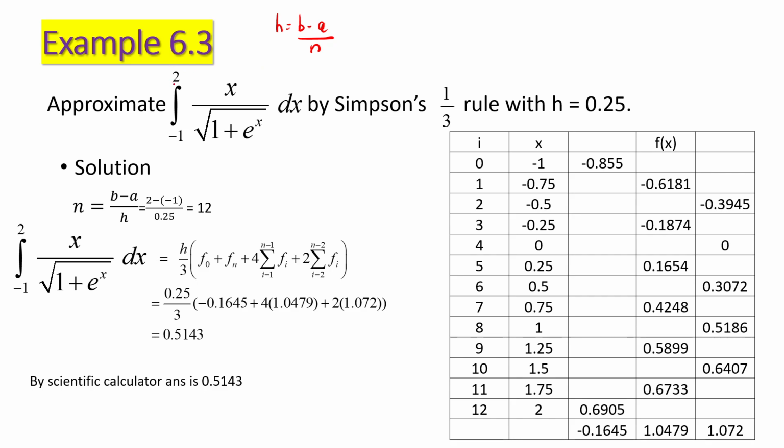So b is the upper limit, 2, minus the lower limit, 2 minus negative 1, you have 3. So 3 divided by 0.25 is 3 times 4, so it is 12. So you have here n equal to 12. So I will stop at 12 here. And then from the lower limit negative 1, you add 0.25.